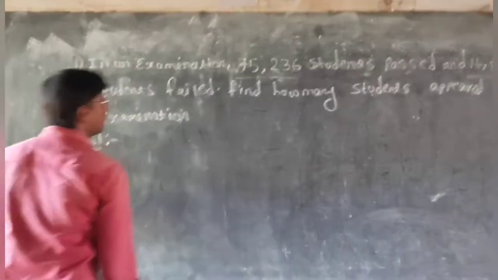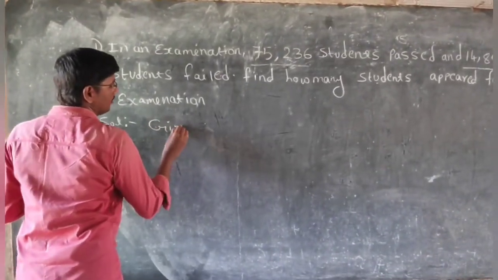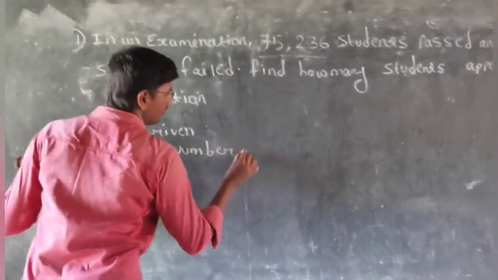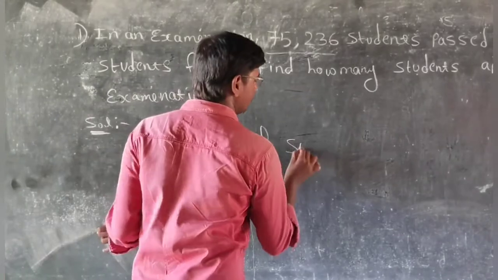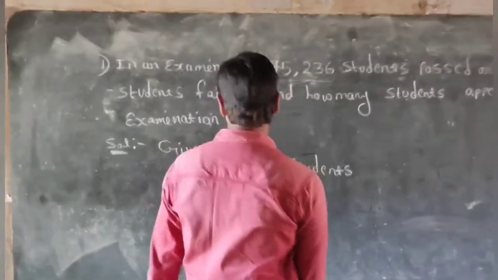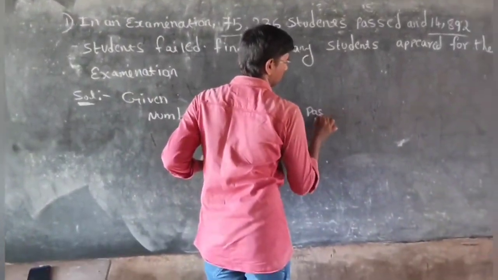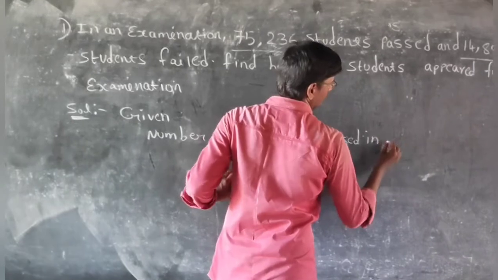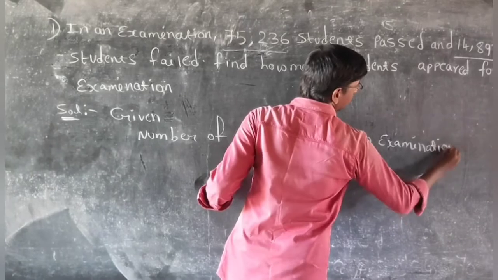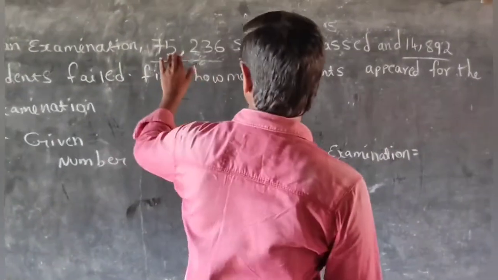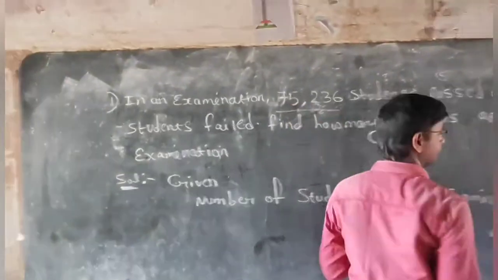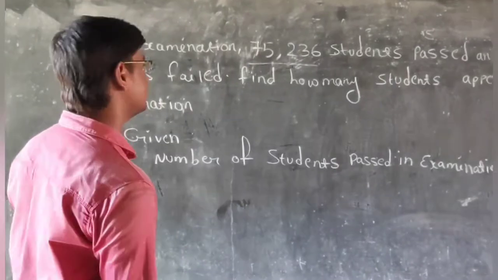First of all, write the data. Number of students passed in examination is equal to 75,236.